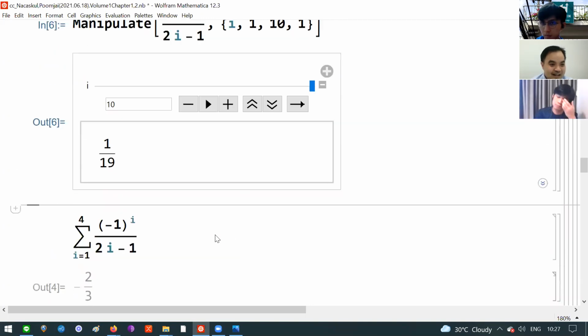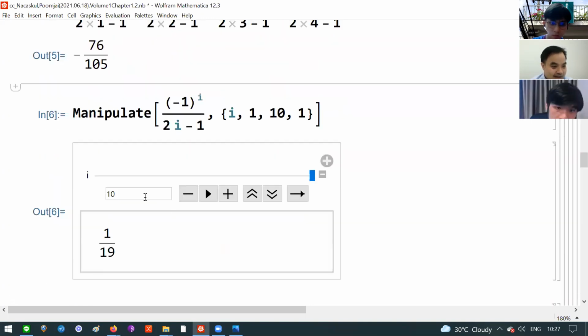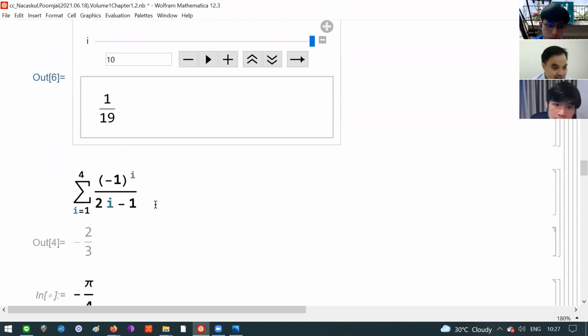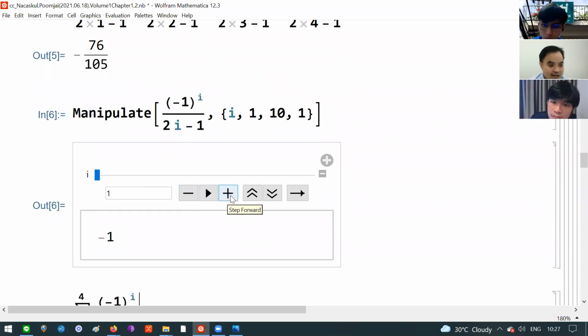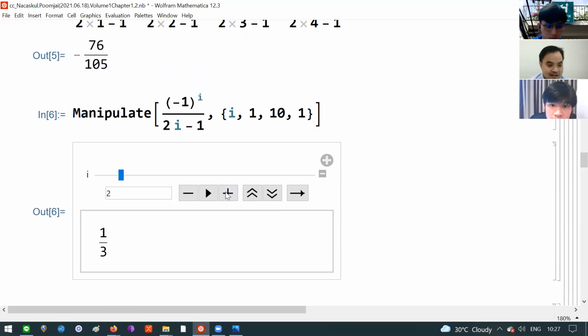So basically you get something like this: minus 1 plus 1/3, minus 1/5, plus 1/7, minus 1/9, plus 1/11, minus 1/13. It's like my dad sailing, right? Before he gets to the target, he might have to make a big move, but once he gets closer, maybe a small adjustment. That sort of thing.